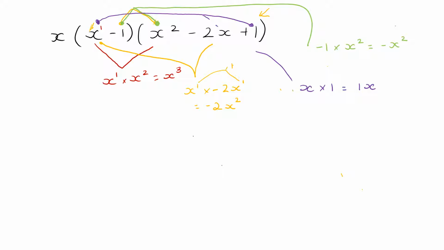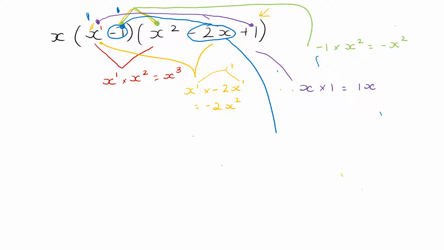And then in blue, I will draw this -1, which hasn't done anything with this -2x. The thing to remember about this is everything gets timesed by the first thing in the bracket and the second thing in the bracket. That's how you go through it.